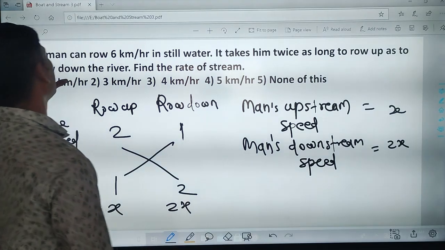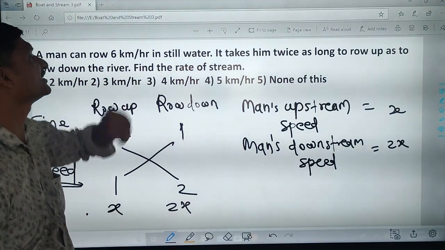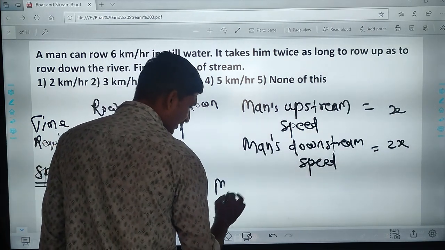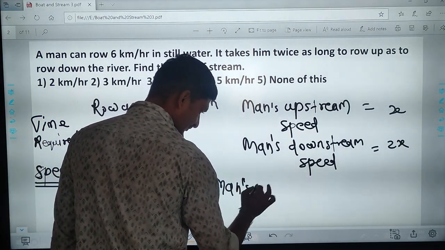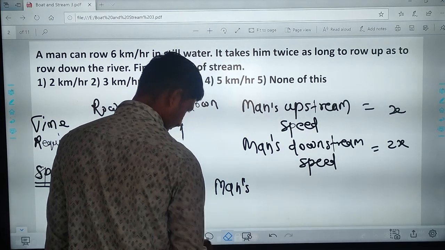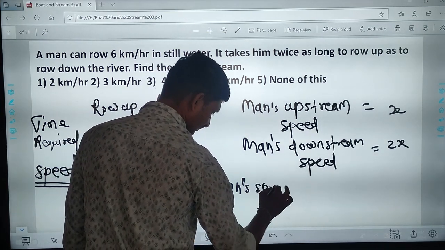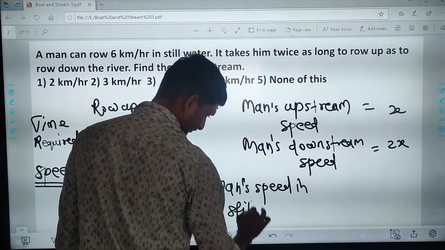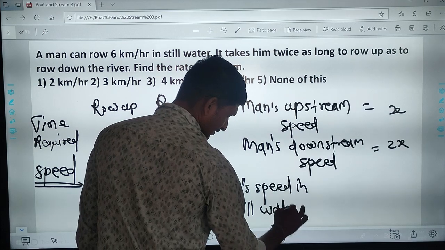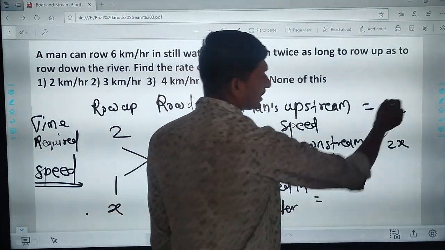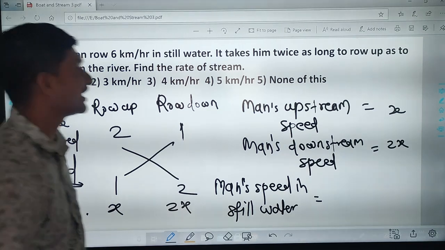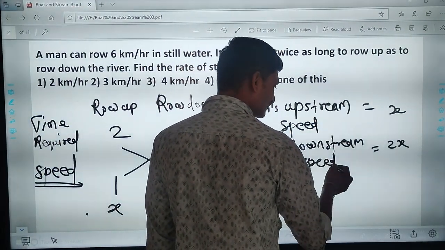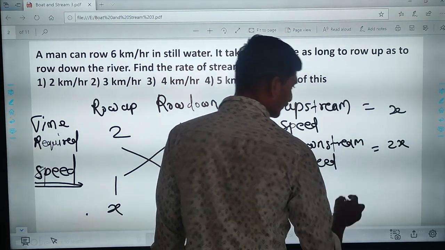Here it is given that the man rows 6 km per hour in still water. The man's speed in still water is the upstream speed plus downstream speed divided by 2.